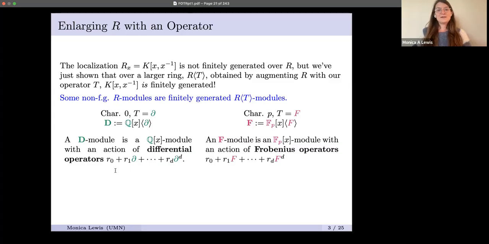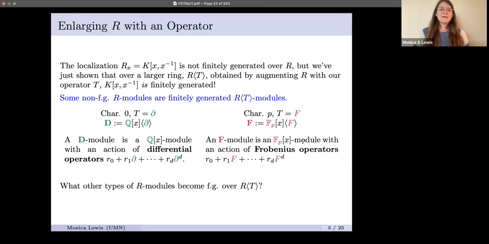In characteristic P, our augmentation is Fp of X, where you join the Frobenius endomorphism, where an F module for us, and this terminology is particularly non-standard, so just a little bit of caution, is any Fp of X module that has an action of Frobenius operators. For the experts, there's an additional hypothesis that sometimes gets baked into the word F module called unitness, which we will discuss later. So for us, F module just means that you can apply Frobenius.